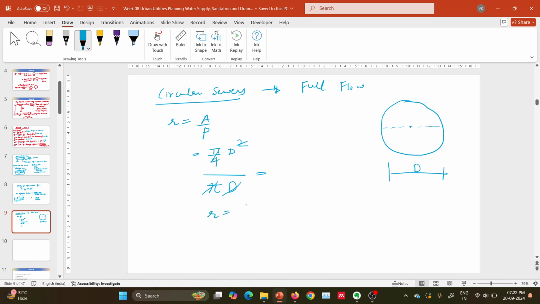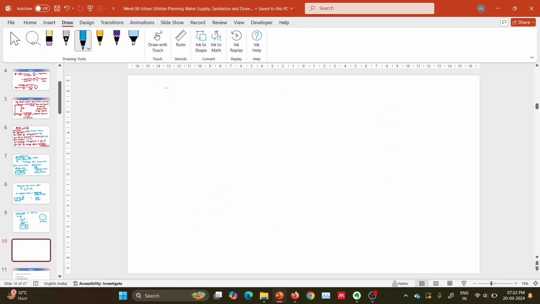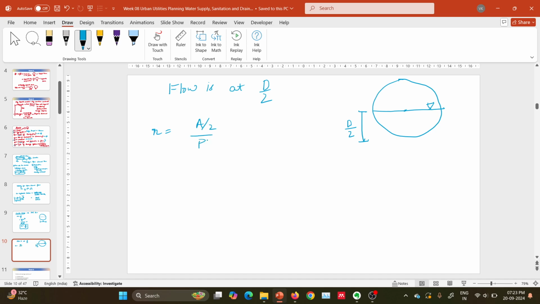So hydraulic radius is d by 4. If we want to calculate it for half flowing, flow is at d by 2, means this is the sewer, this is the flow. In that case, R will be the same, because it will be A by 2 and P by 2, so it will be the same A by P. R will be d by 4.